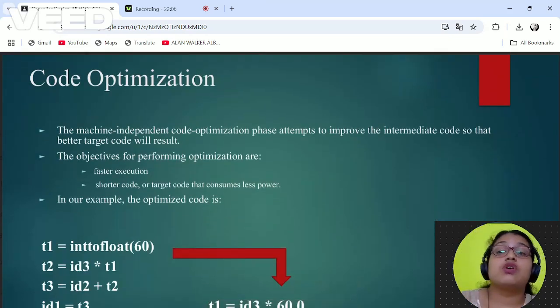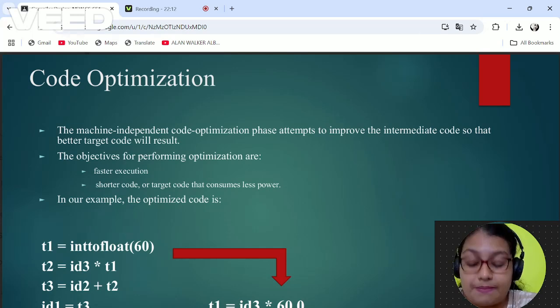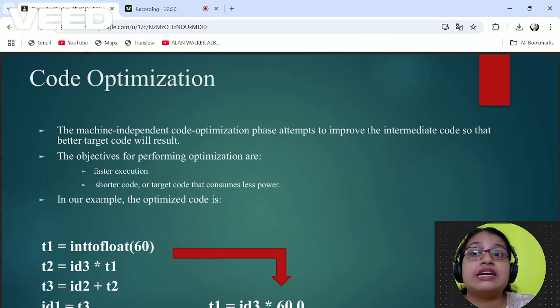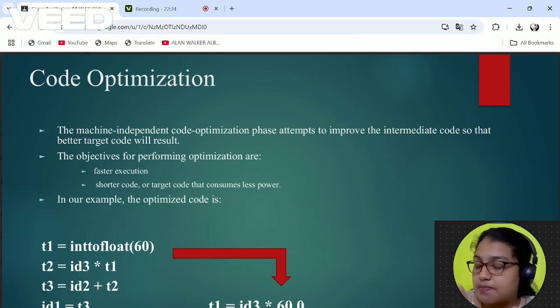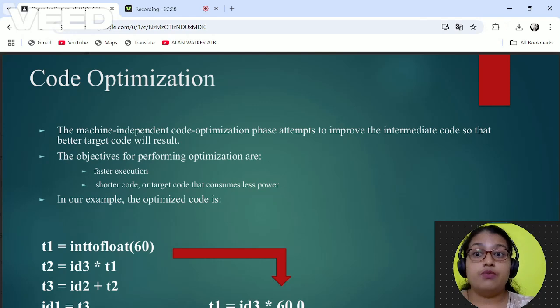Now we are moving on to our synthesis phase. What did we finish so far? We learned about the lexical analyzer, syntax analyzer, semantic analyzer, and intermediate code generator, and now we are moving to the synthesis part. The first phase is code optimization. What is optimization?